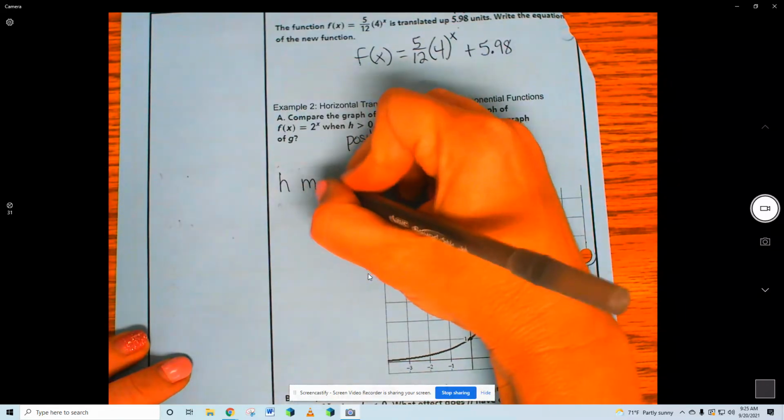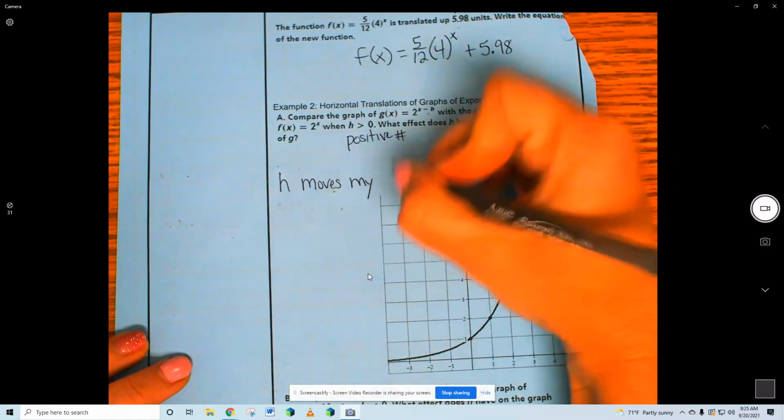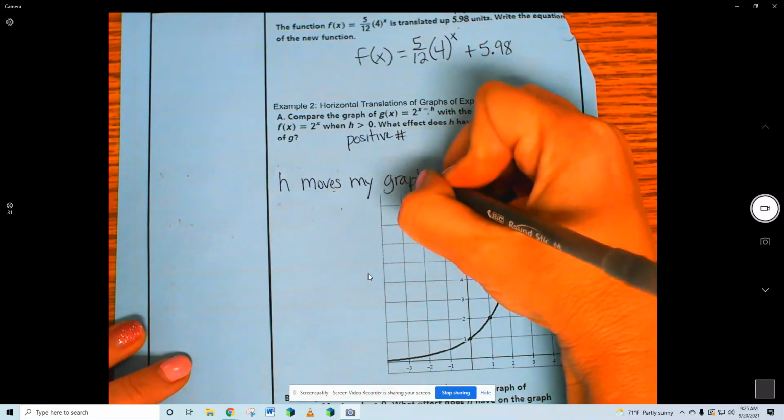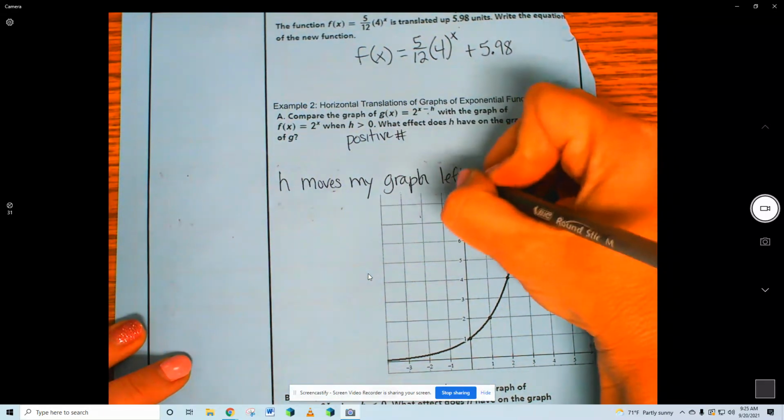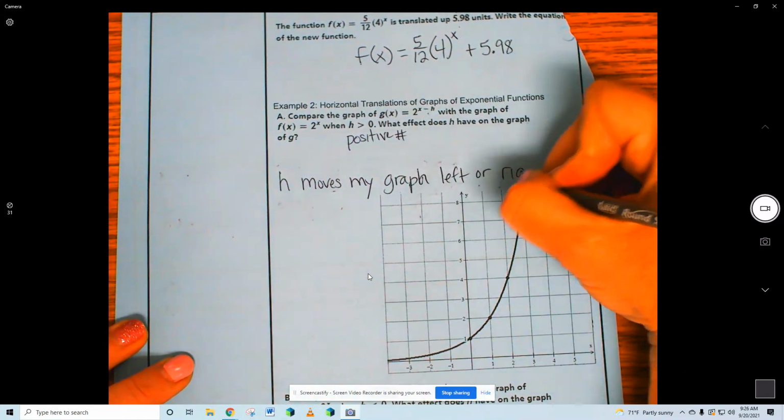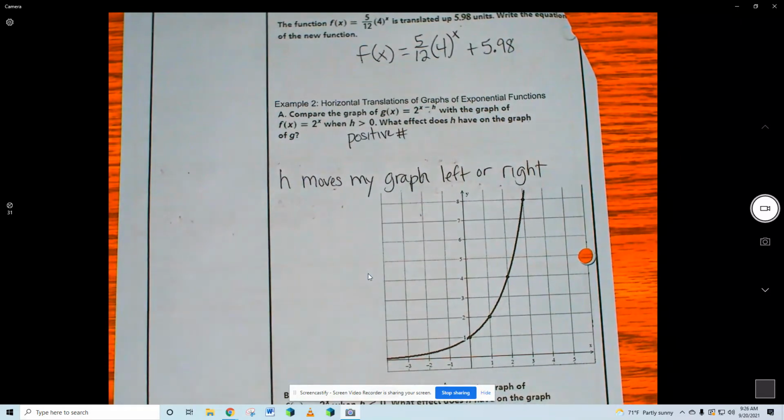H moves my graph left or right. And you have to do the opposite sign. Super important that you remember that.